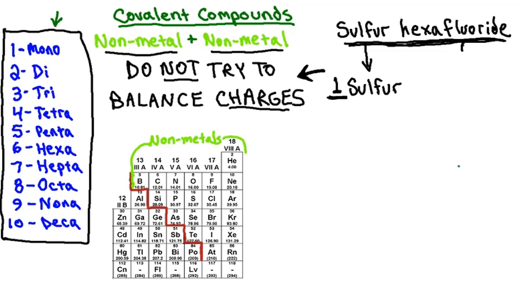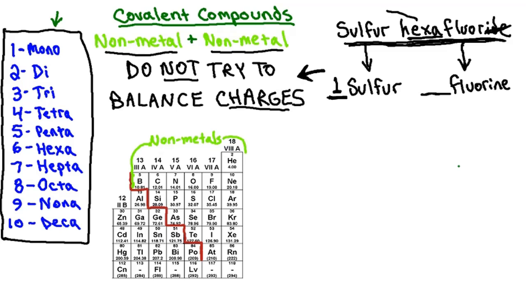Now this next word, hexafluoride, we're going to bring this down, and we know that ide is just the suffix that we used for the compound. So what is the real name of this element? This is fluorine. Then we look at the prefix that comes before fluorine, and that's hexa.